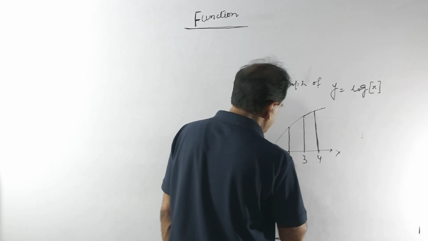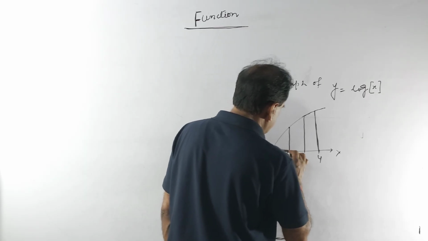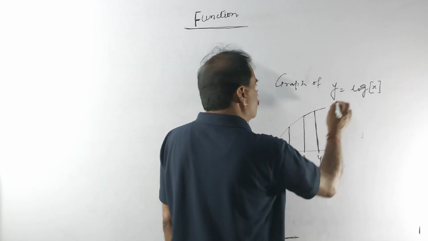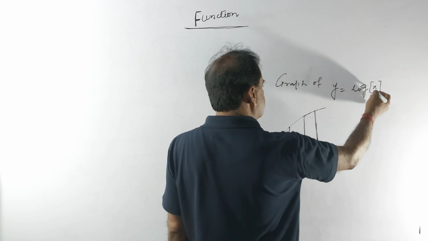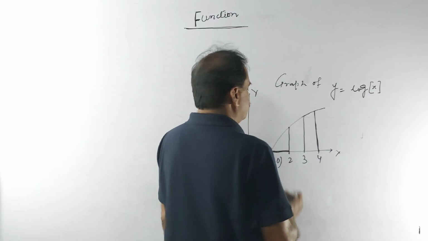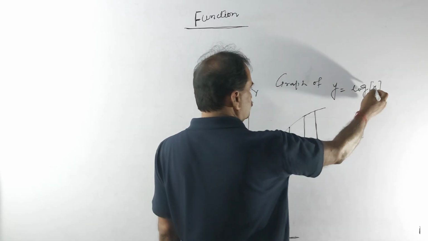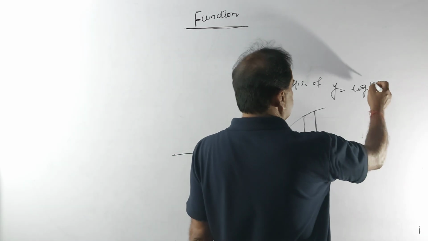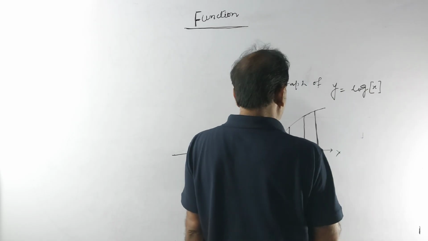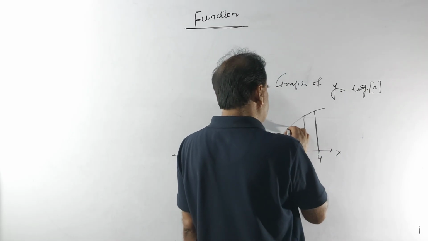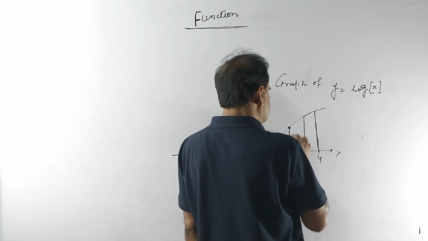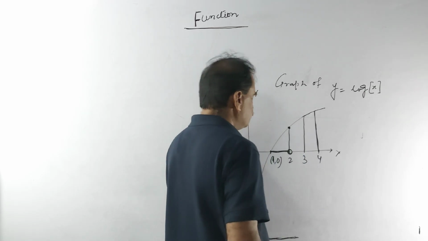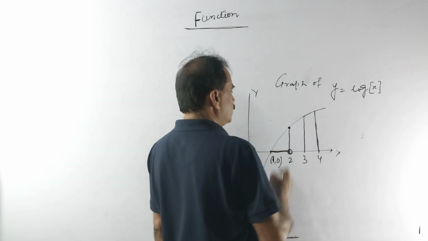This is part of the graph. At x equal to 2, when we put the value of x equal to 2, y equal to log of greatest integer 2. The integral part of 2 is 2, so y equal to log 2, which lies on the graph of y equal to log x. This point exists, but this point does not exist, so we plot an open circle here and a dot circle here.